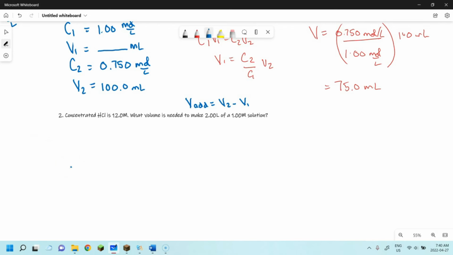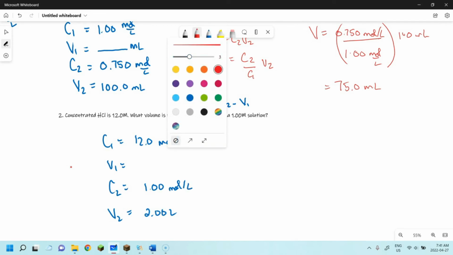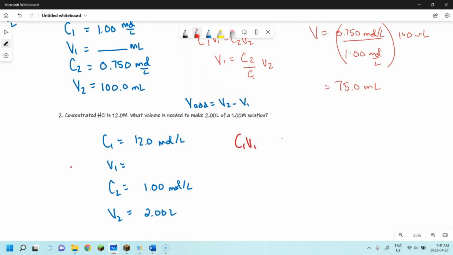So again, we can do the same thing here. First, write out our givens. Now we can write out our equation.